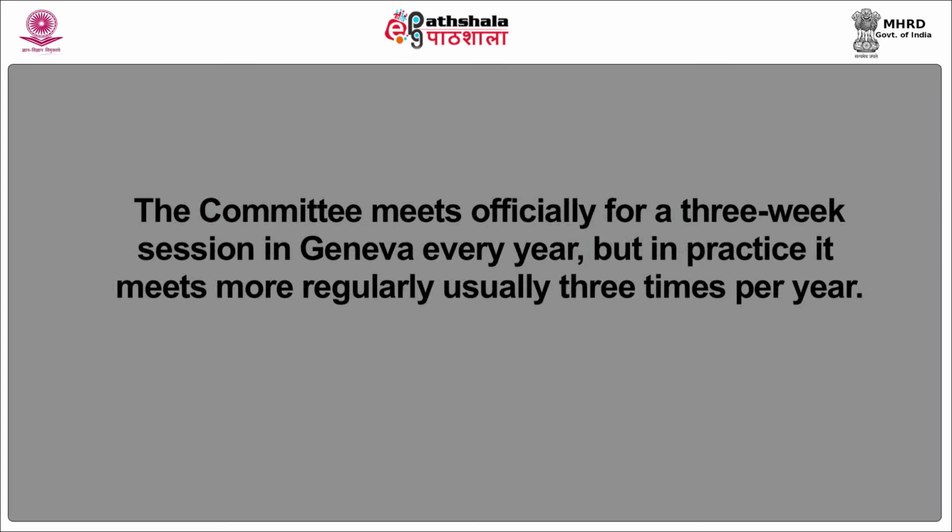The committee meets officially for a 3-week session in Geneva every year, but in practice it meets more regularly, usually 3 times per year. All state parties to the covenant must submit regular reports to the committee on how social, economic and cultural rights are being implemented.